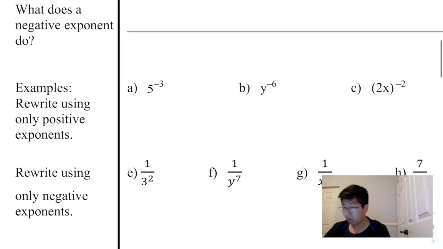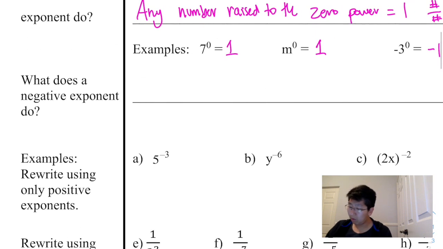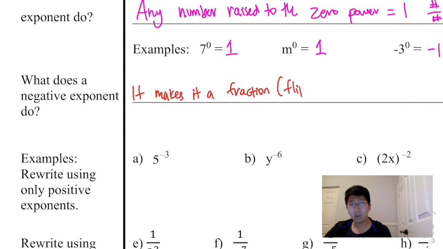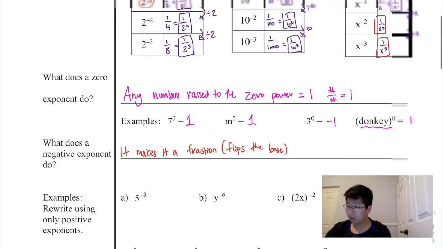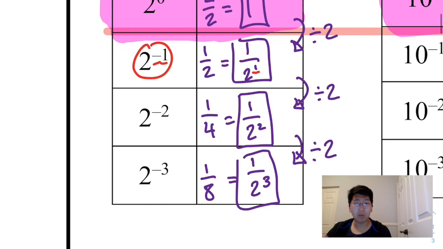So, what do negative exponents do? It makes it a fraction. And specifically, it basically flips the base. Okay? So remember the base here was 2. It's going to be flipped over to the bottom. So no matter what, it's going to actually flip and make it go to the bottom, or if it's on the bottom, it's going to go up to the top.